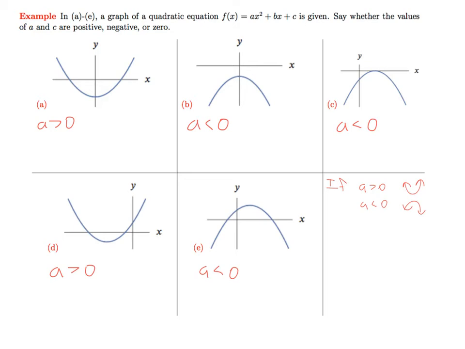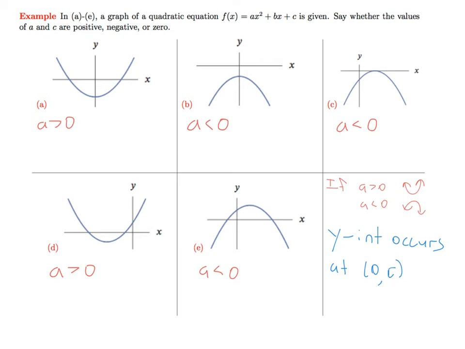In considering the constant c, recall that the y-intercept occurs at the point (0, c). When we plug in 0 for x into the general form, the x terms vanish, and so it makes sense that the corresponding y value is c.